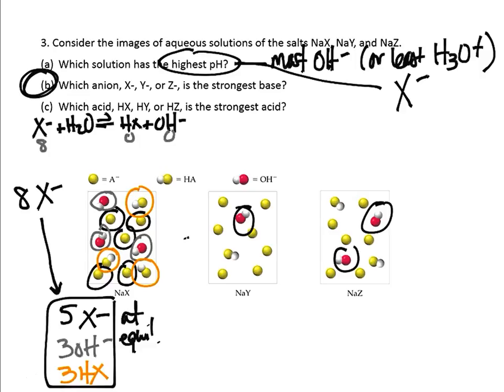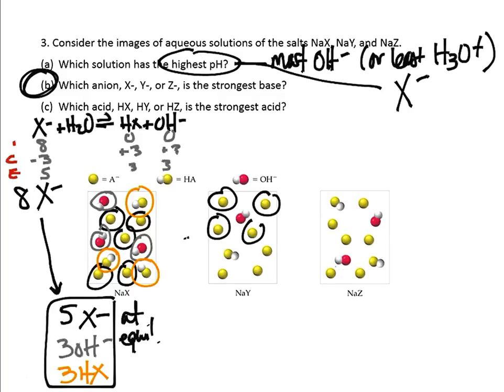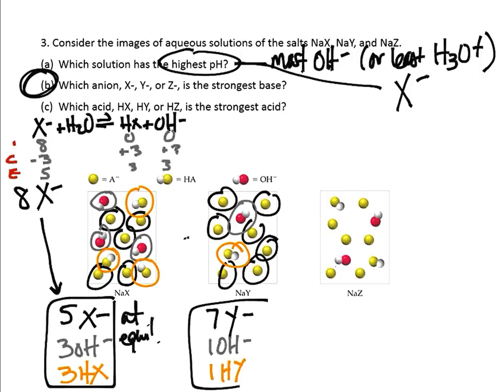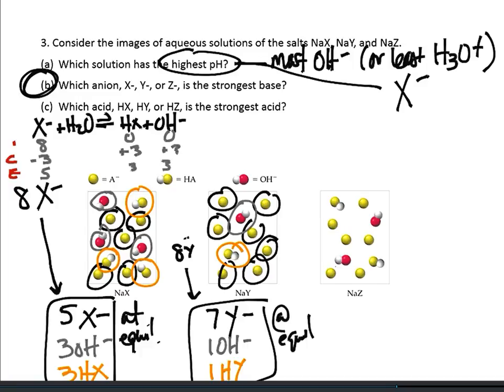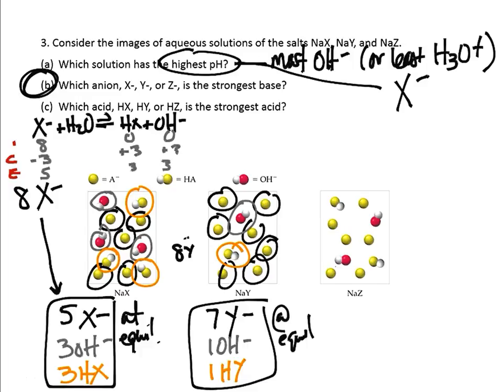So if we set up a little ice table up here, we started out with 8 initially, 3 reacted, and that left us with 5. And that formed 3 on the right-hand side. Now if we compare that to Y, we have 1, 2, 3, 4, 5, 6, 7 Y-. We only have 1 hydroxide, that's here, and we have 1 HY. And this also initially started with 8 Y- ions, and then it led to this equilibrium, which means only one of the Y- recombined with a hydrogen ion.